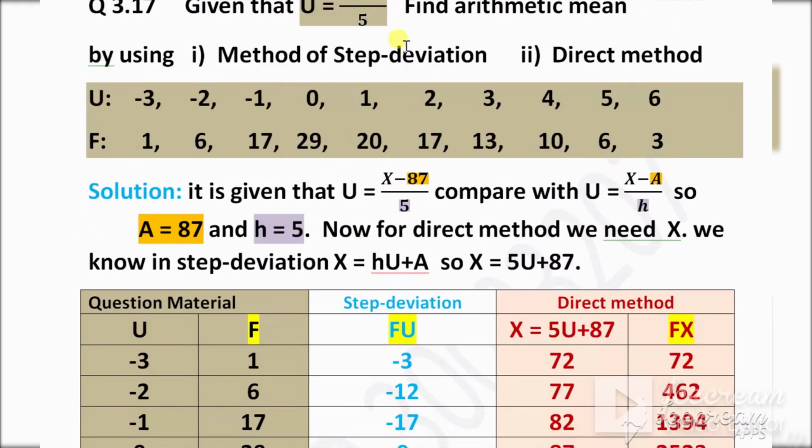Compare this given information with u is equal to x minus a over h, because we know that is the formula of u for the step deviation or coding method. Here is x minus a, here is x minus 87. So a is equal to 87. The divide term is h. Here the divide term is 5. So a is equal to 87 and h is equal to 5.